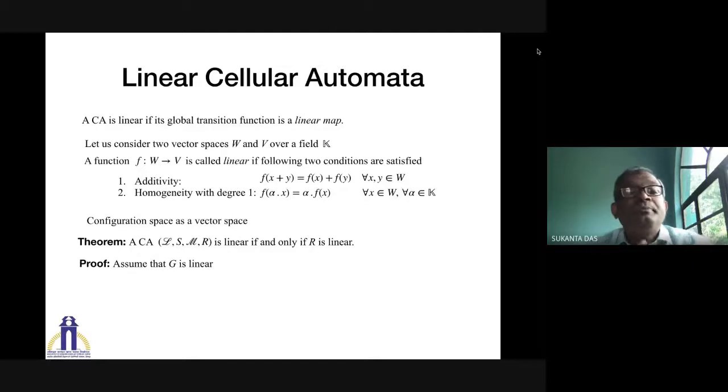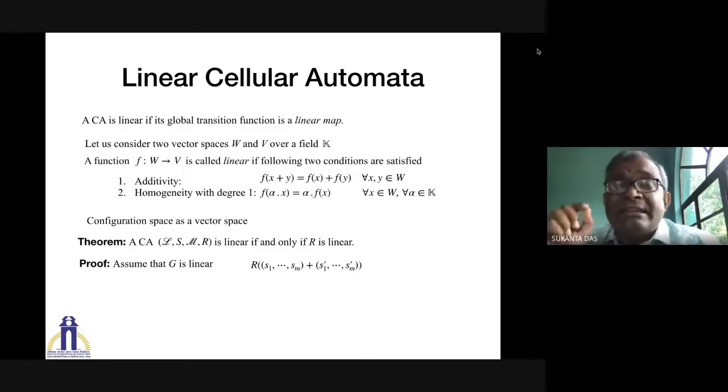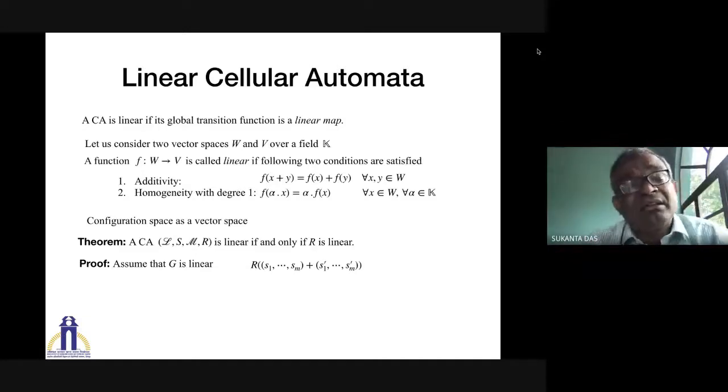Now come to the proof. The proof is simple, interesting also. So assume that G is linear. Then let us consider two state sequences, say S1 to Sm, and S1 dash to Sm dash. Consider a cell I of the lattice. Cell I has m neighbors.